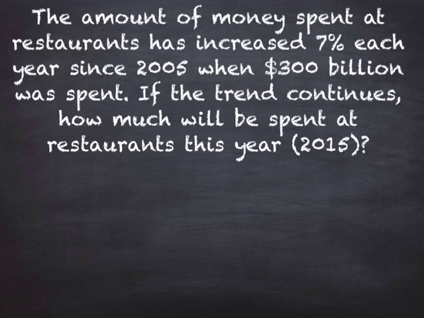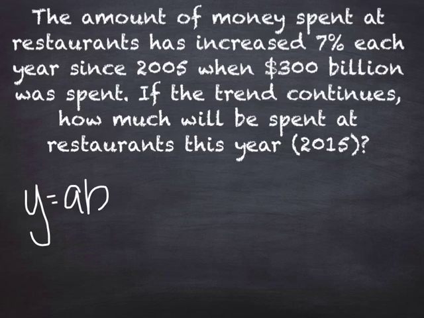The amount of money spent at a restaurant has increased 7% each year since 2005, when $300 billion was spent. If the trend continues, how much will be spent in restaurants this year, 2015? So again, our equation is y equals ab^x. a is the initial amount, b is our growth factor.